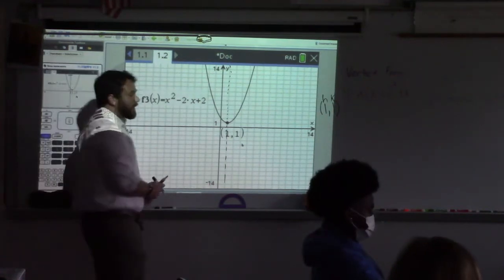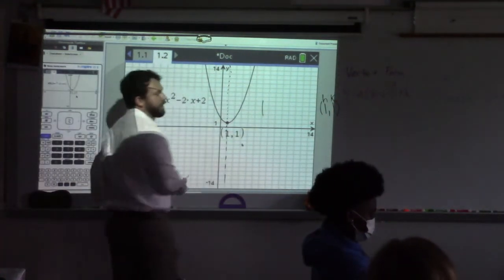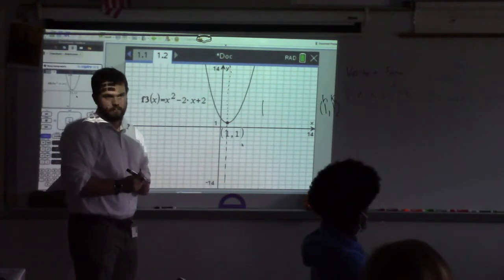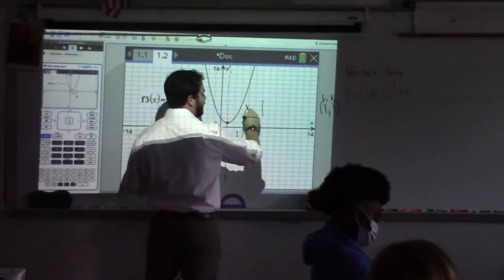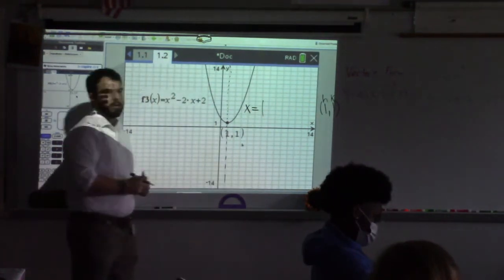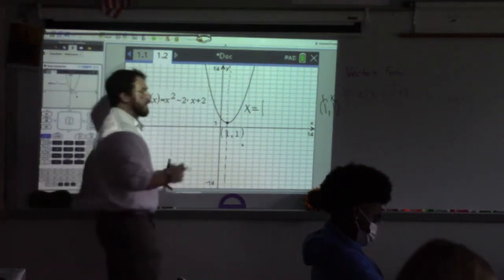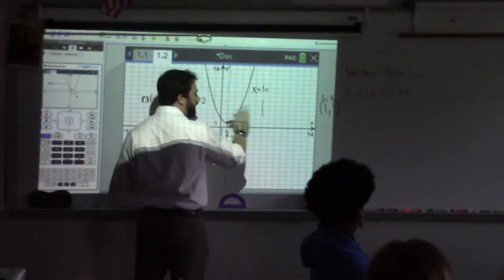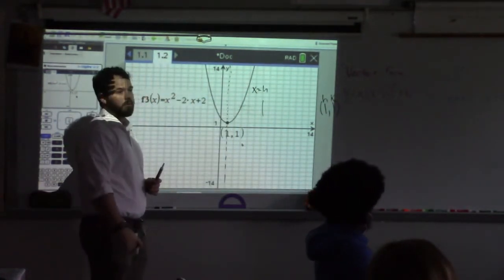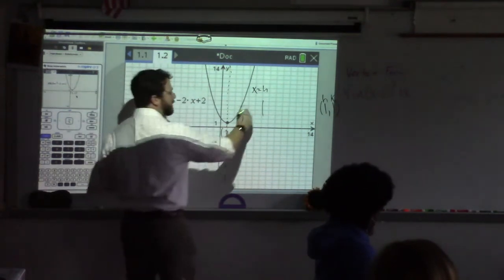So if you were to tell me the axis of symmetry is 1, that doesn't mean anything. What I saw is what? x equals 1. A lot of us wrote and even made the note that x equals h is the axis of symmetry, and then we just wrote 1. No, that's a line. x equals 1.